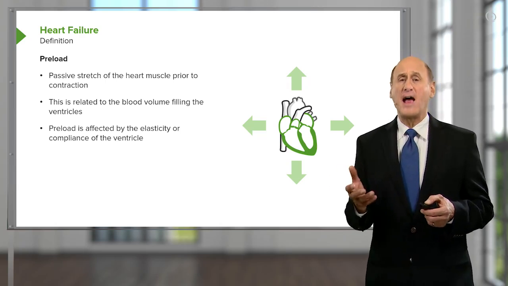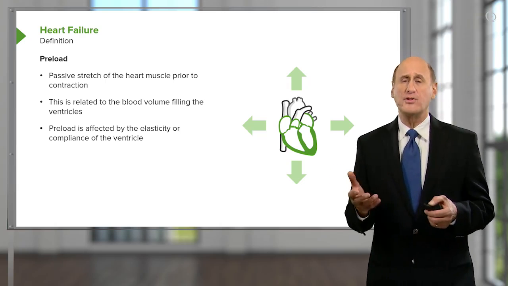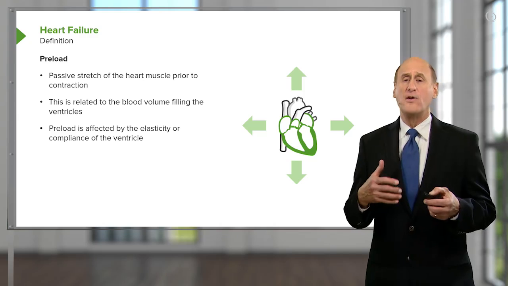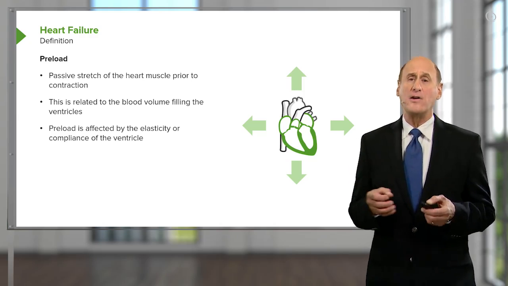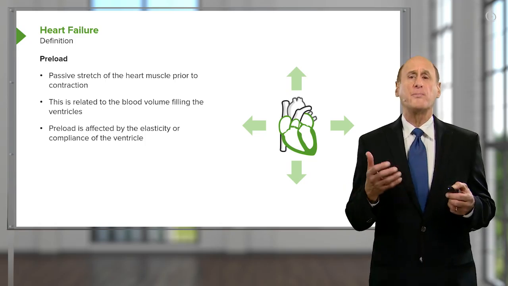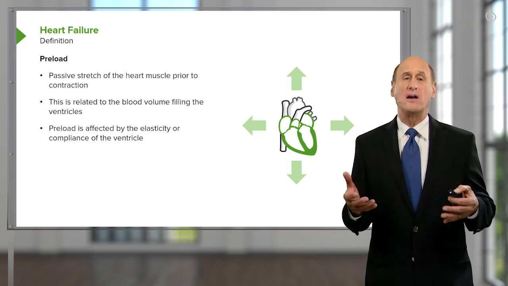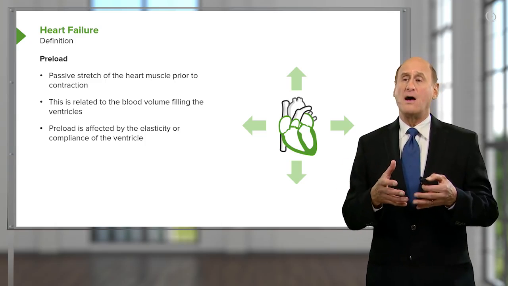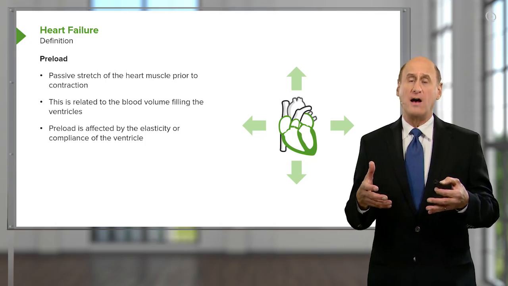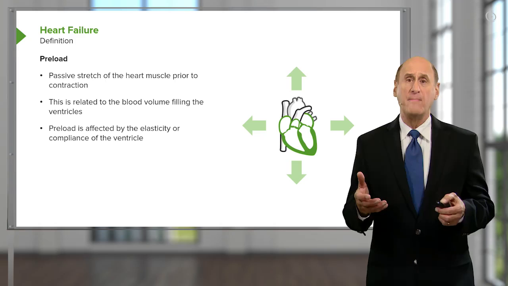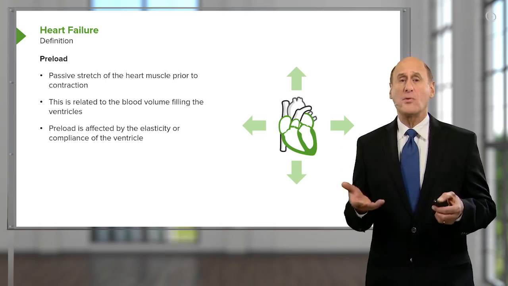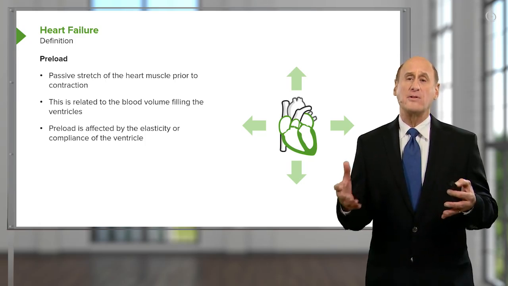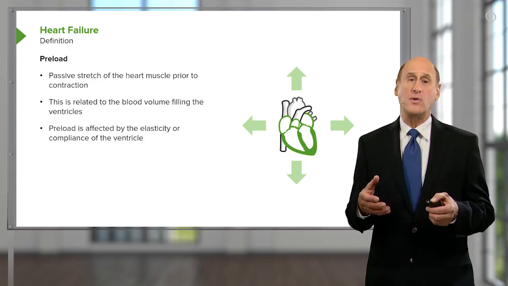There are a number of factors that are referred to when we talk about heart failure, and you'll remember some of these factors from the basic lectures on heart function. Remember preload. Preload is filling of the heart, so that it's a manifestation of the size of the ventricle when it fills up. When you have increased blood volume, you increase the preload, that is, the amount of volume that the heart has to squeeze out.